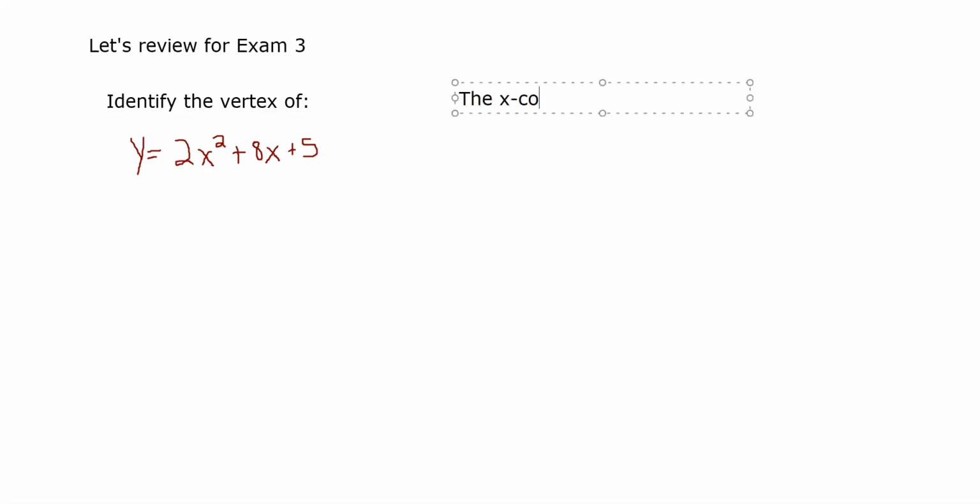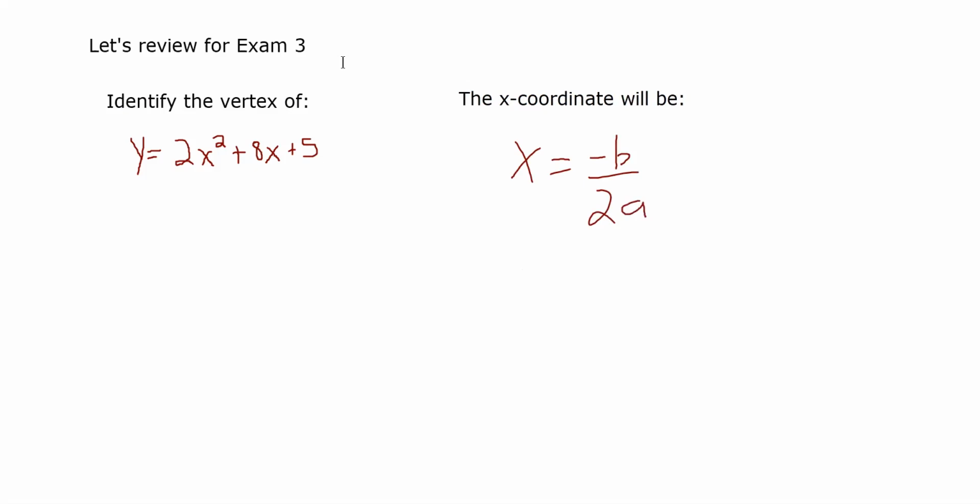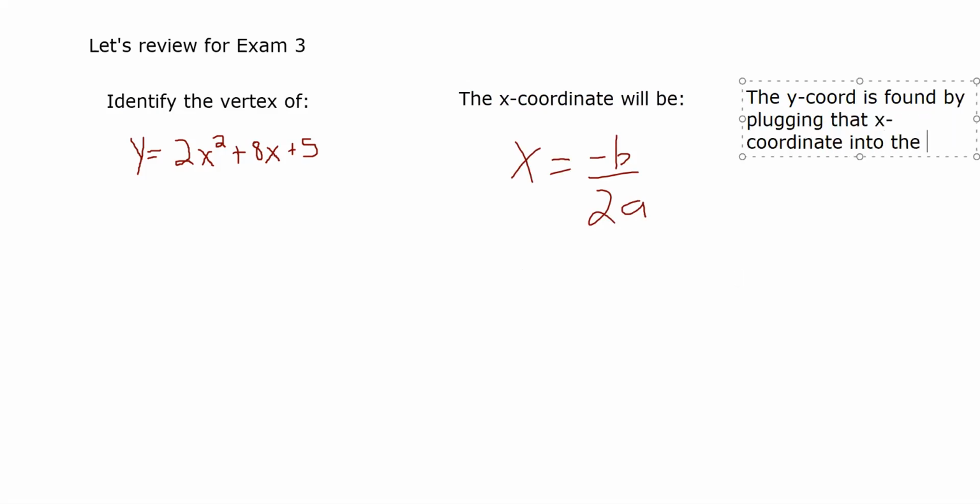The x coordinate is found with that weird little formula, x equals negative b over twice a. And then the y coordinate is found by plugging that x coordinate into the parabola, into the function.